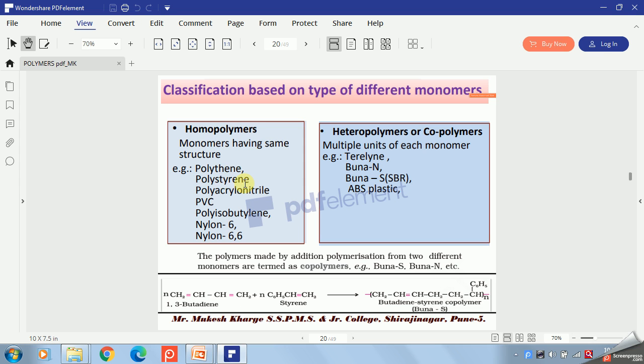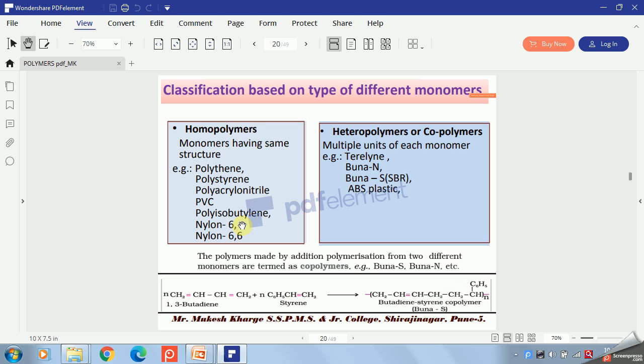If the monomer is acrylonitrile, the polymer is polyacrylonitrile. If your monomer is vinyl chloride, then your polymer is polyvinyl chloride, that is PVC. If the monomer is isobutylene, then the polymer is polyisobutylene. If the monomer is epsilon caprolactam, then the polymer is nylon 6.